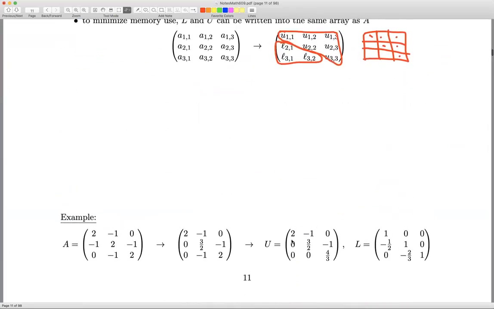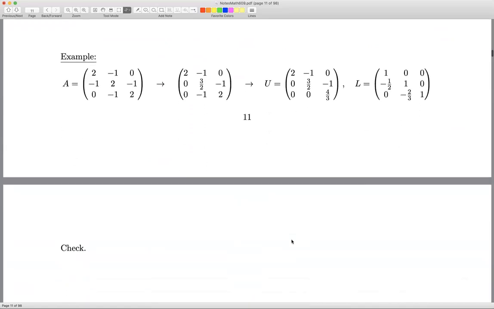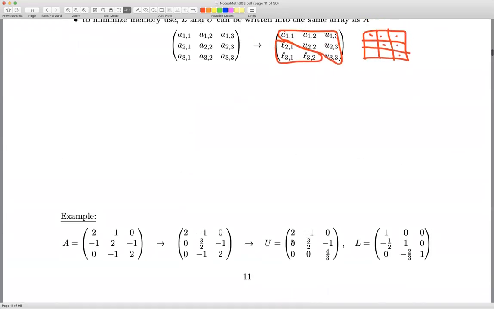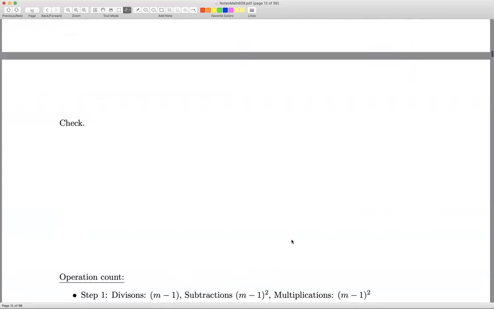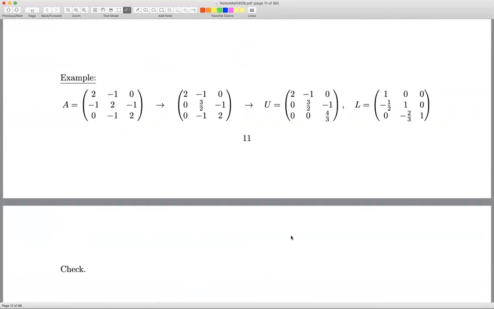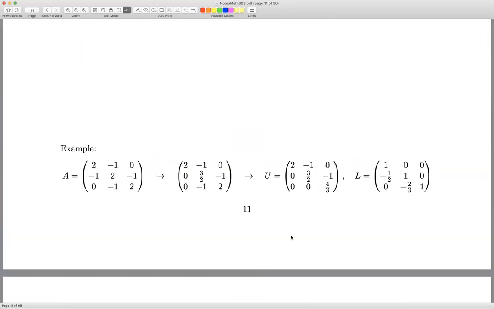And now we'll do a simple example of how we perform Gauss elimination. So we start with this matrix. Let me do it independently of what is written here. We know that the matrix L will be a 3 by 3 matrix.